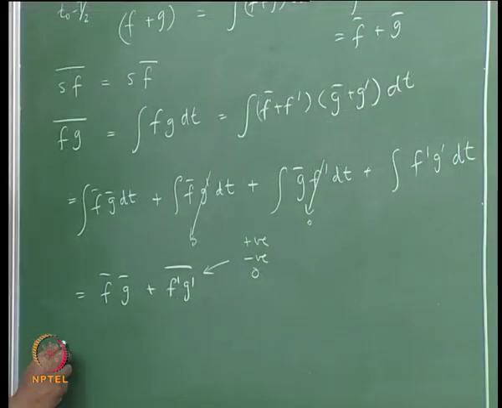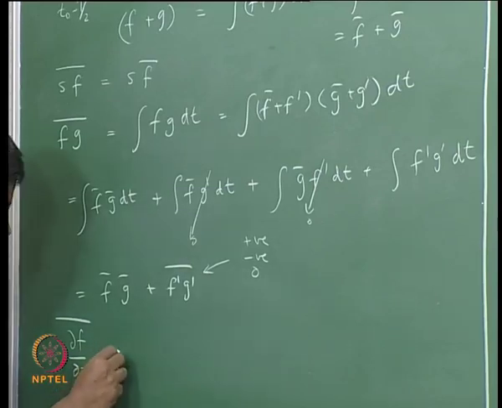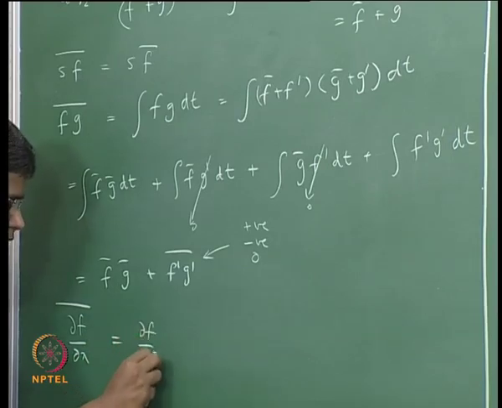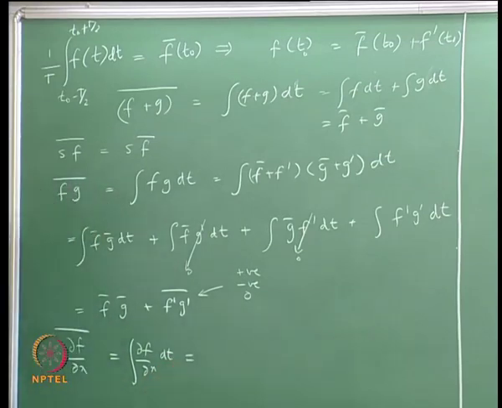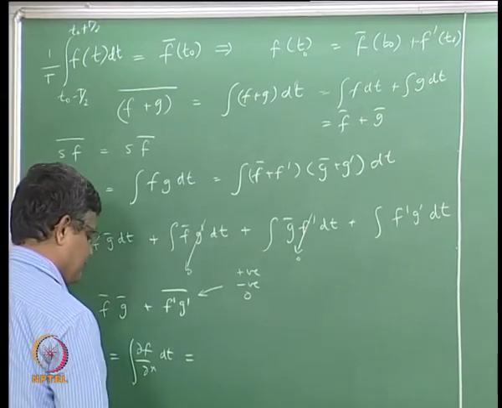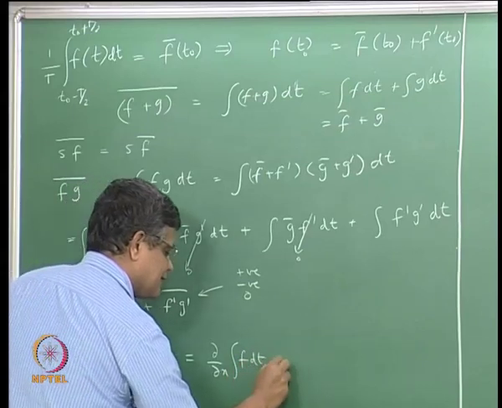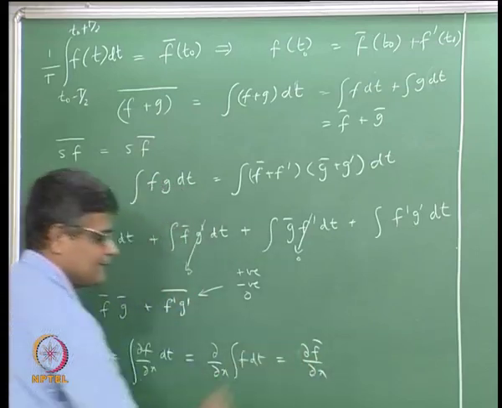And we can also show by the same extension of the same idea that the time average of a derivative, which often appears in our equations, is the integral of dou f by dou x dt, and assuming that f is a continuous function of both x and t, we can write this so that it becomes dou f bar by dou x.